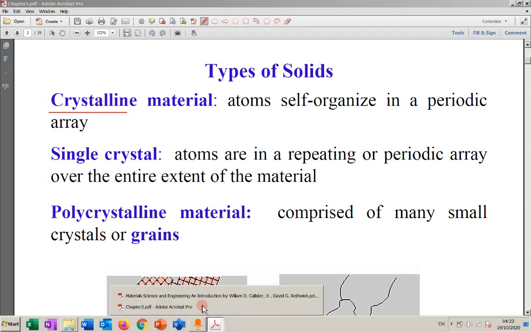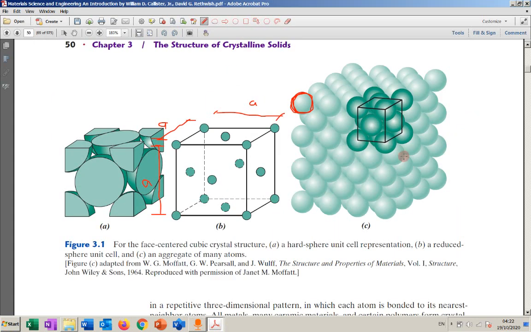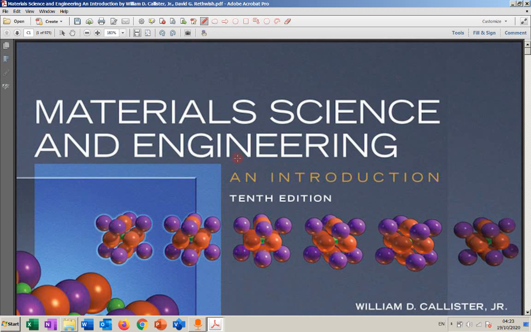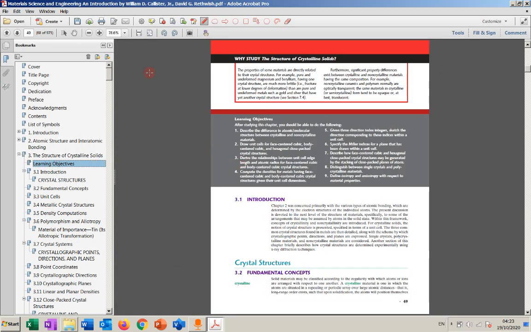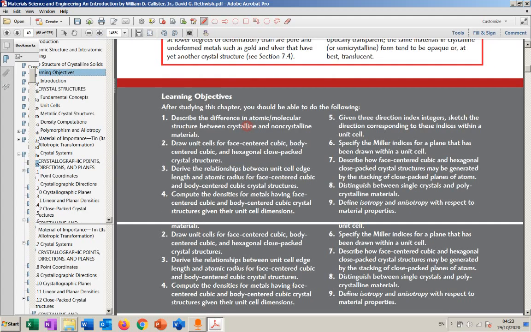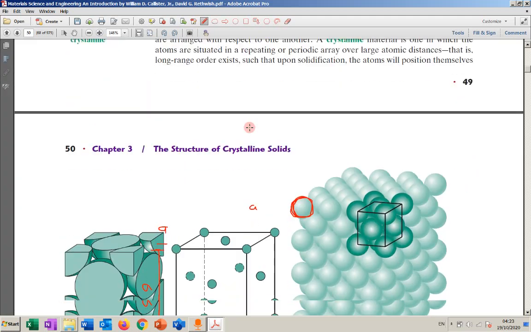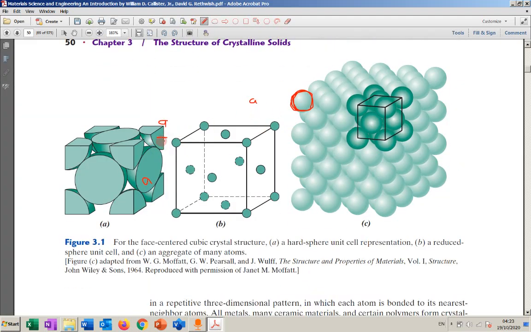In order to understand this crystalline structure, let me just show you something on a picture. This is what we call a crystal structure.